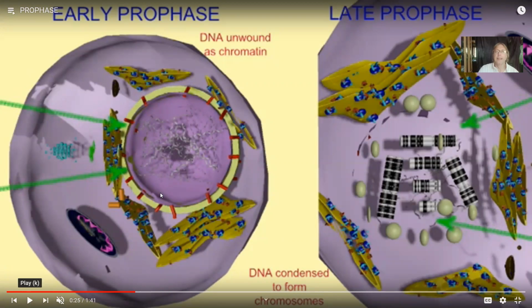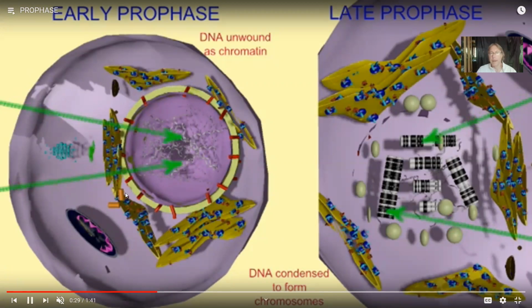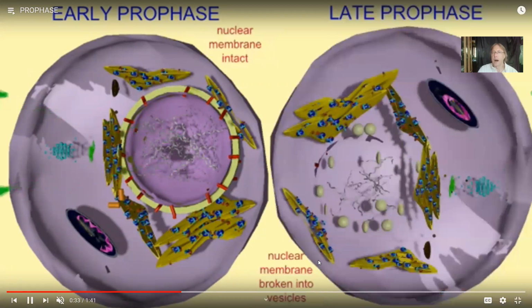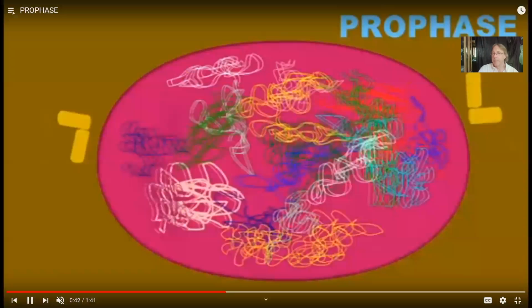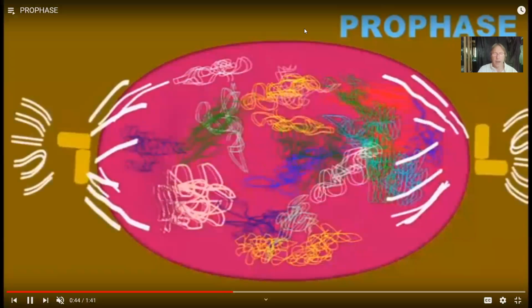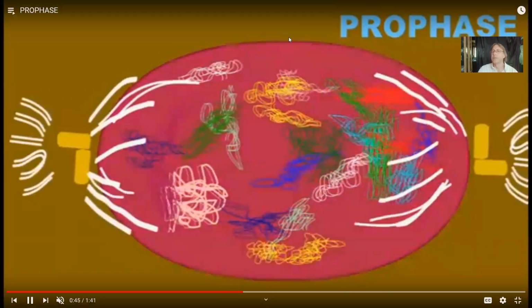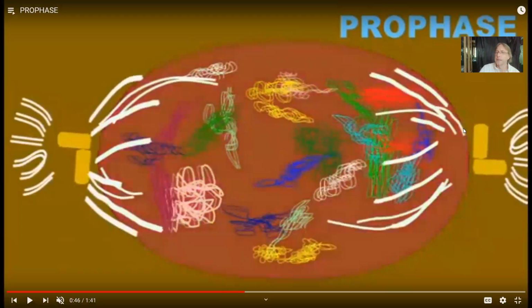Also, in early prophase, there was one pair of centrioles, but they replicated and then moved to opposite poles of the cell. The nuclear membrane in early prophase was intact, but notice that by the end of prophase, we have dissolved the nuclear membrane and we will reform it later.